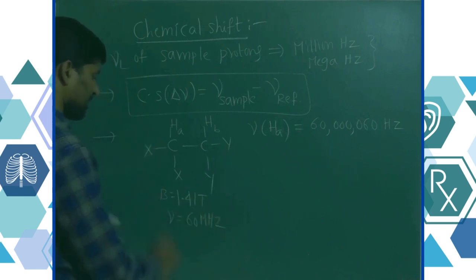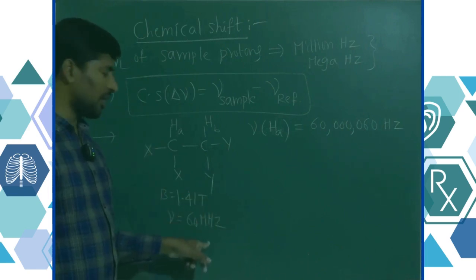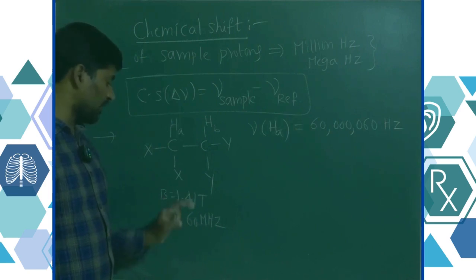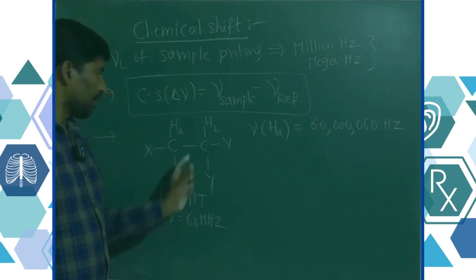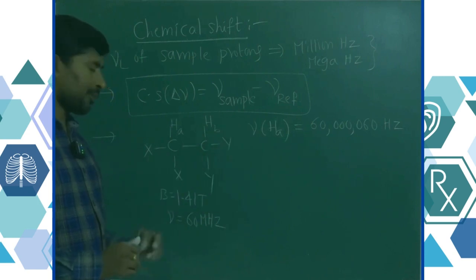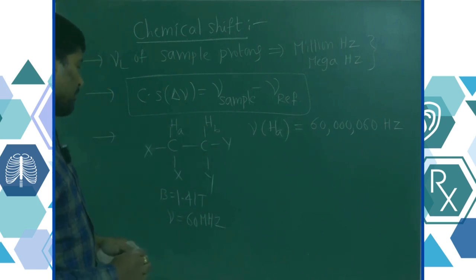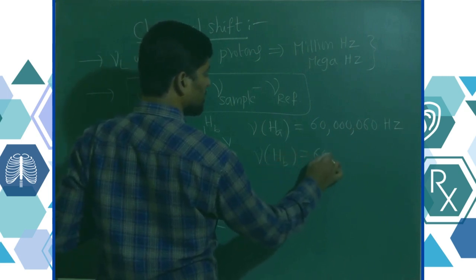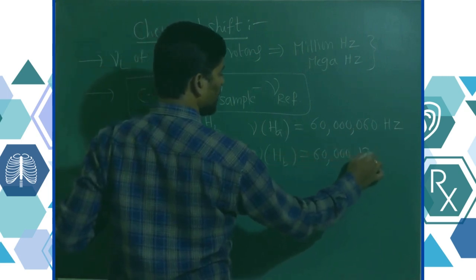On a 60 megahertz instrument, applying 1.41 Tesla, this is the HA proton precessional frequency, and the precessional frequency of HB is, for example, 60 million 120 hertz.